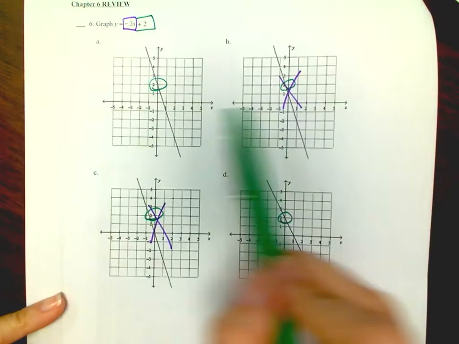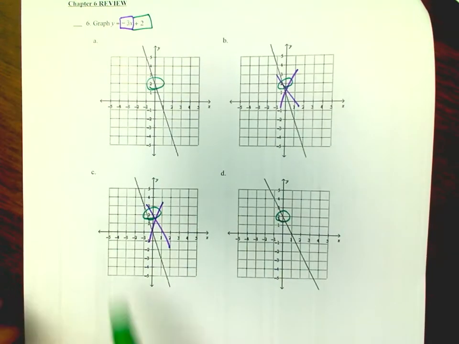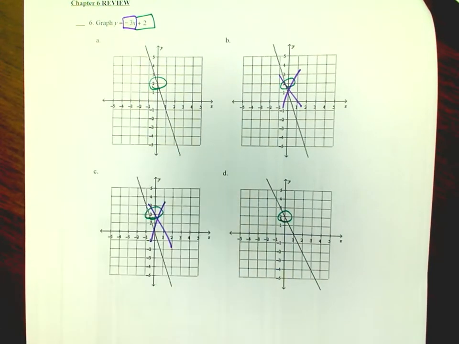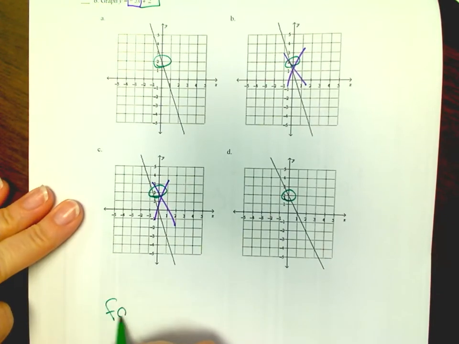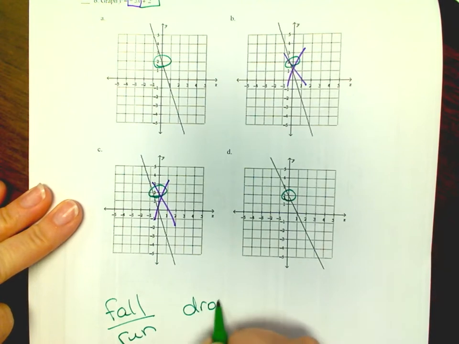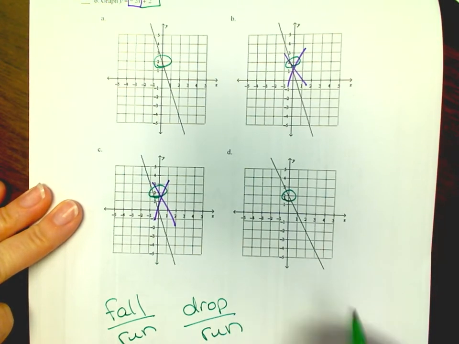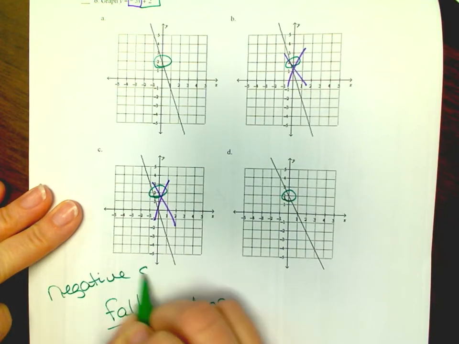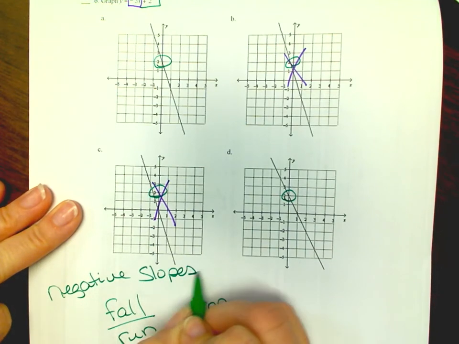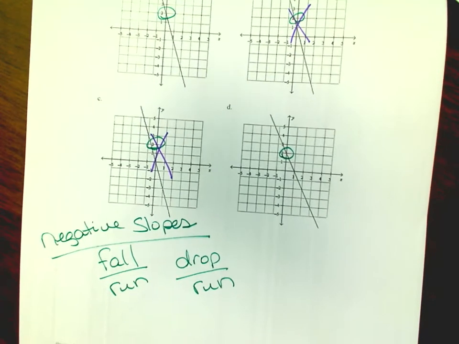But all of our slopes are negative slopes because it is a negative 3x. So instead of rise and run, you're going to fall and run, or drop and run. Negative slopes.